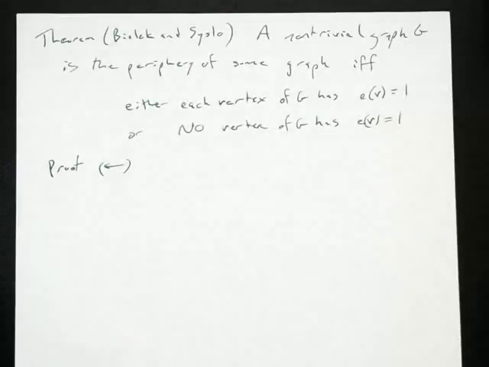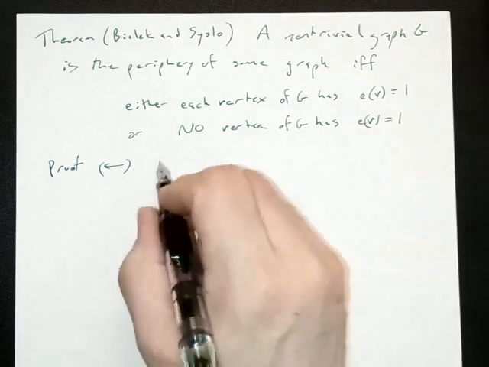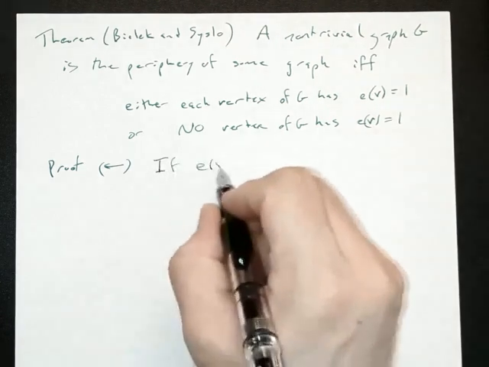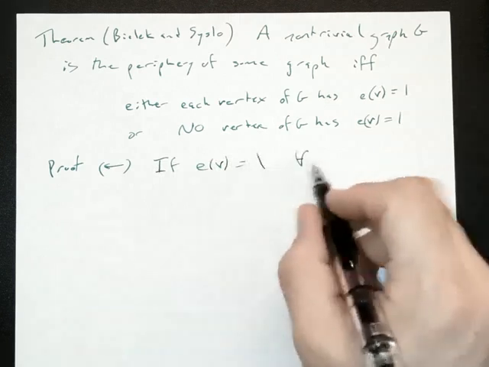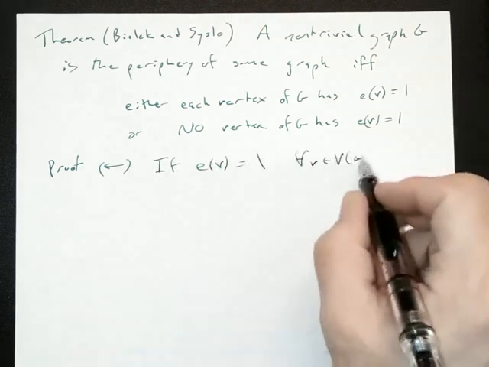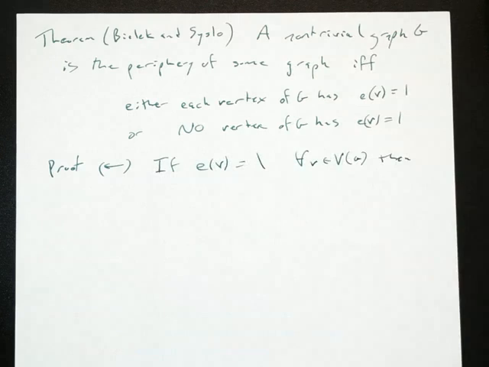Okay, if every vertex in the graph has an eccentricity of 1, what do I know about the graph? It's got to be complete. The shortest path from anything to anything else is one step. Everything has to be directly connected.